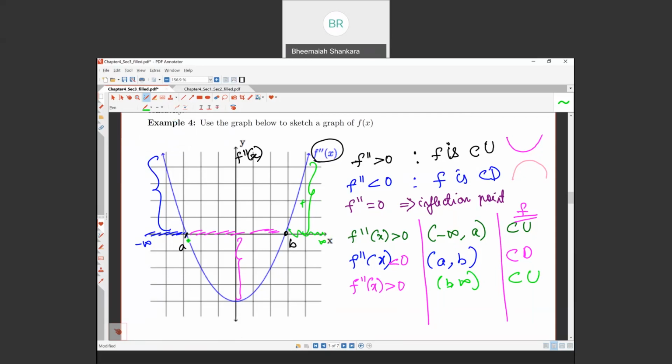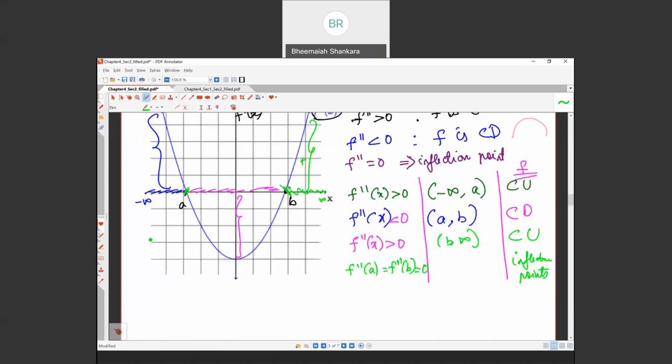And at 2 points, exactly a and b, you're seeing that the graph touches the x-axis, which means you can say f double prime a and f double prime b both are equal to 0. If they are 0, all you can say is they are inflection points. So with all these definitions, let's try to do the graph of the function.